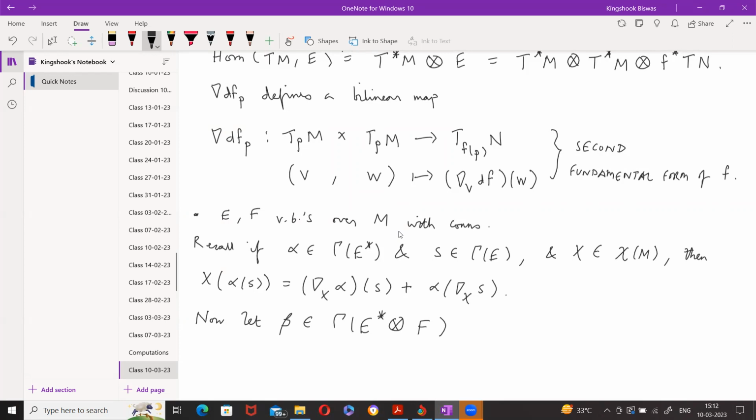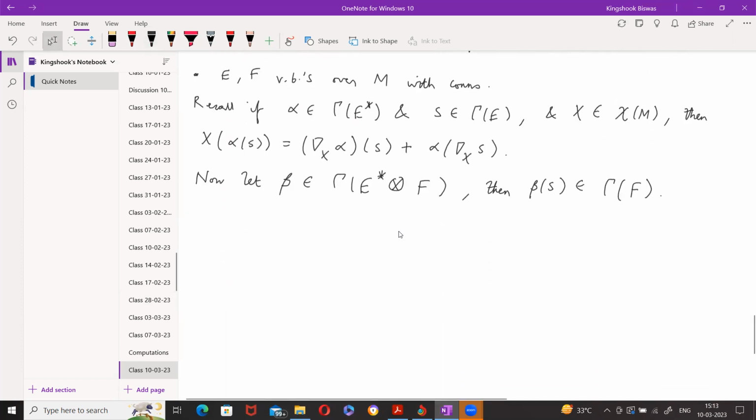So let's look at a section beta in E star tensor F. This beta can act on a section S of E, because the E star component will act on S, and that will give you a vector in F. So then I can look at beta composed with S pointwise. This is a section of F, right? Yes.